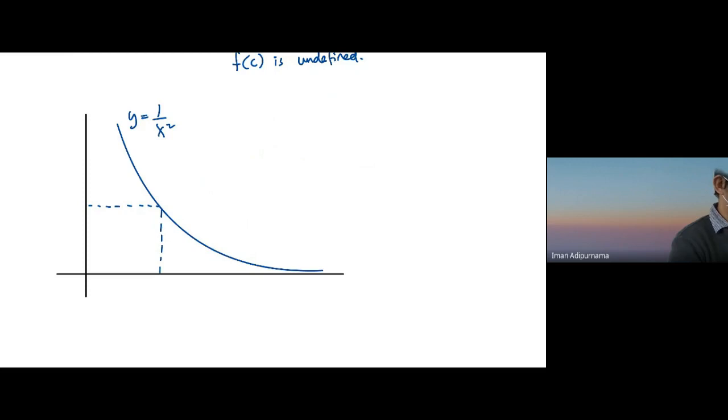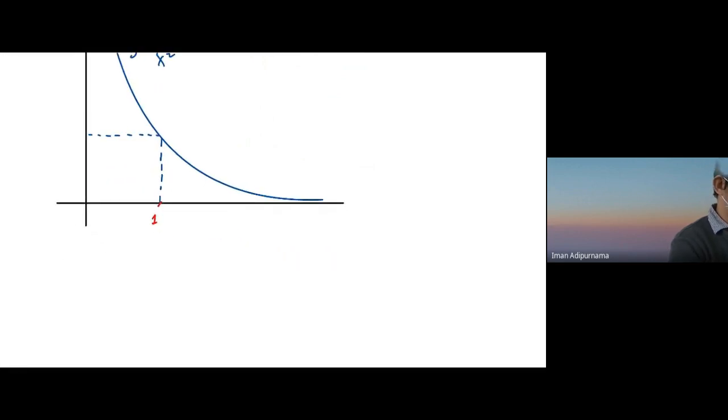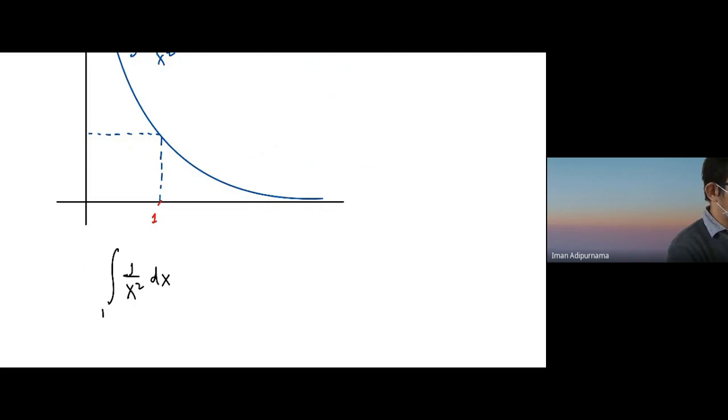Let's say this is 1. And I want to know the area under the curve of 1 over x squared dx, but I would like to evaluate from 1 to infinity.